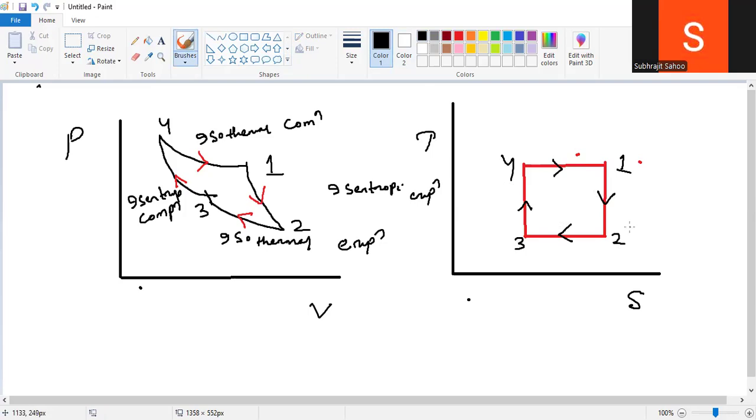Now, here in this diagram, observe. This is about Carnot cycle, not reversed Carnot cycle, right? T2 equal to T3, and here T1 equal to T4, right? So here I need to find out the efficiency.